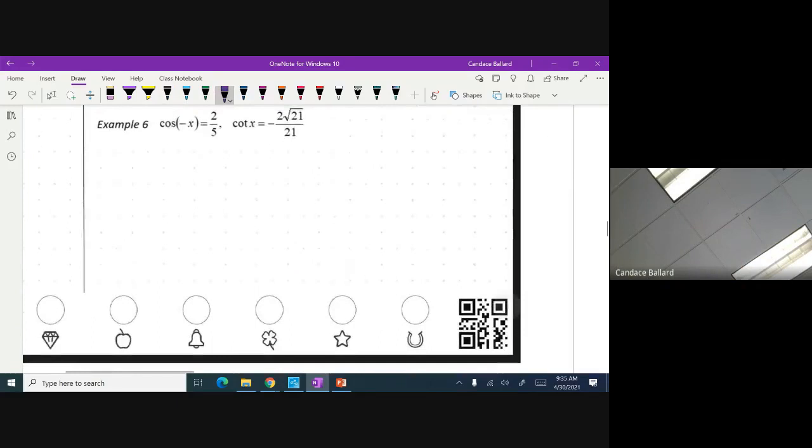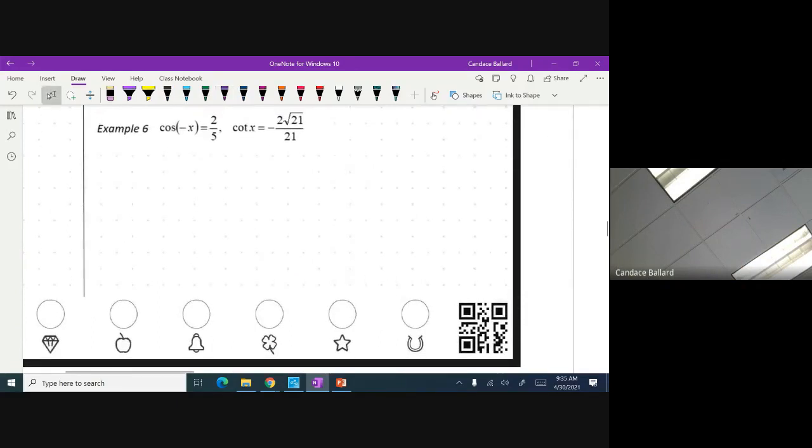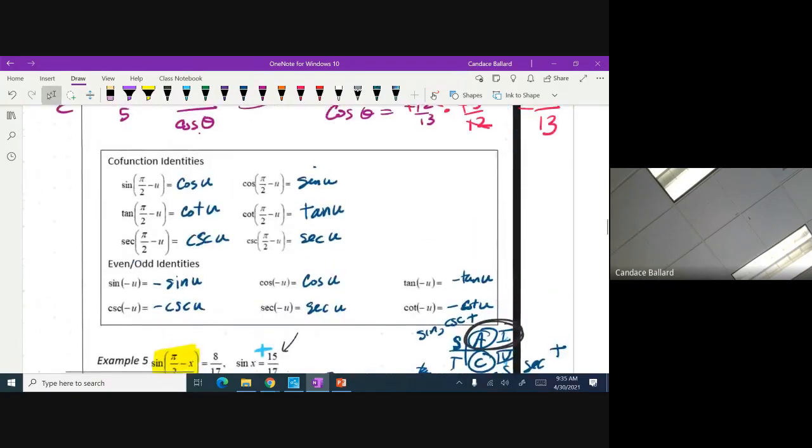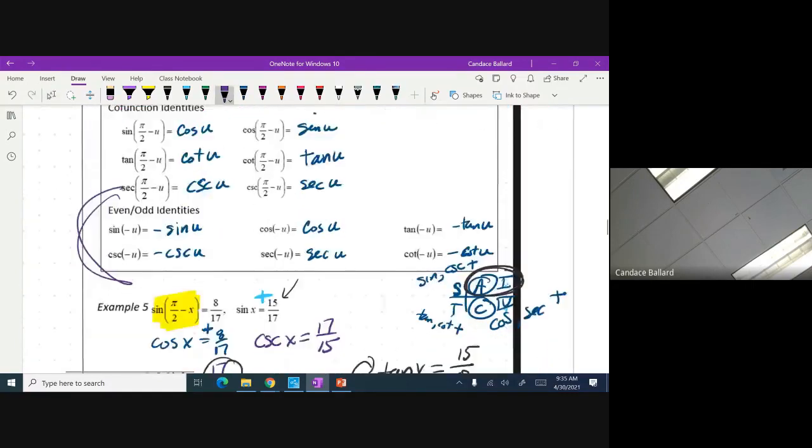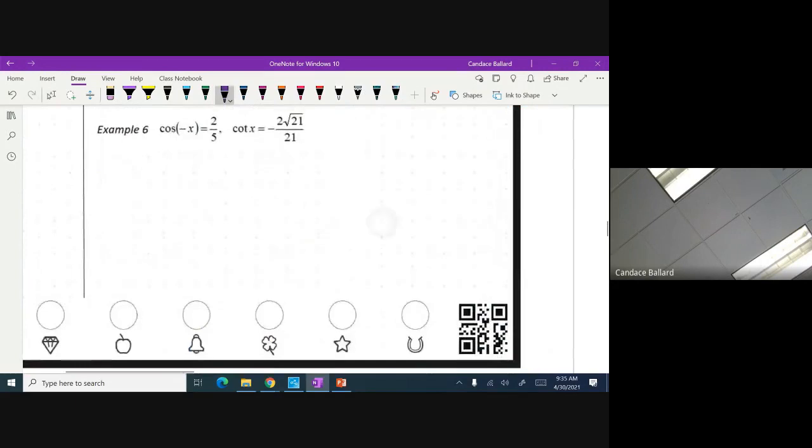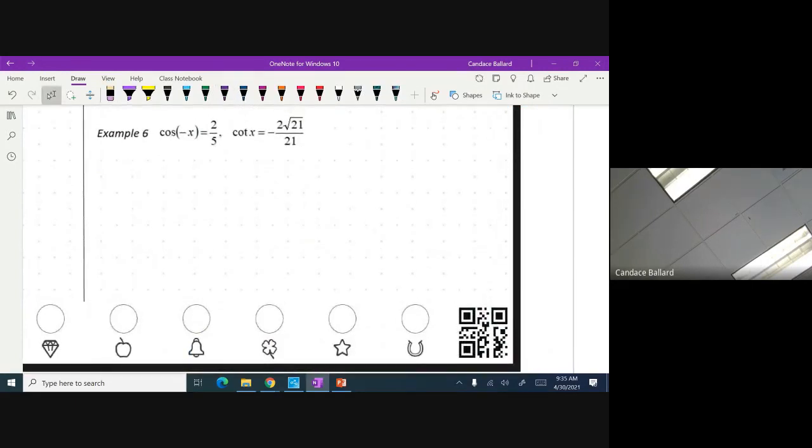Okay, example 6. All right, so this time, notice it's the even odd. So remember we had the 2 that we talked about at the beginning. We had the co-function and we had the even odd identity. So I'm going to look at the even odd with this one. And then it kind of proceeds like we did yesterday. We add on to what we had yesterday.